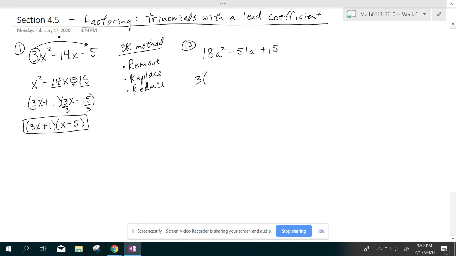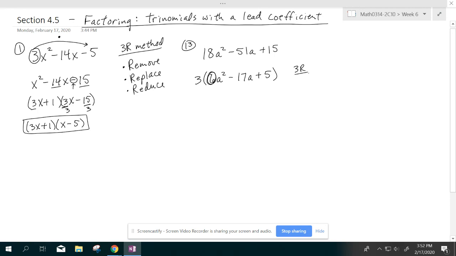18 divided by 3? 51 divided by 3? 15 divided by 3. Now, once I factor out the greatest common factor, notice that the trinomial that's left over still has a lead coefficient. So we're going to have to do the 3R method again, okay?